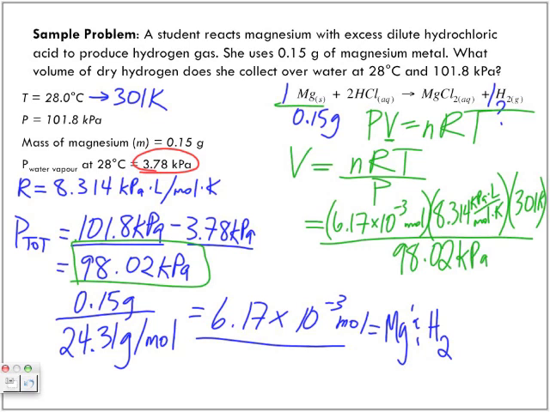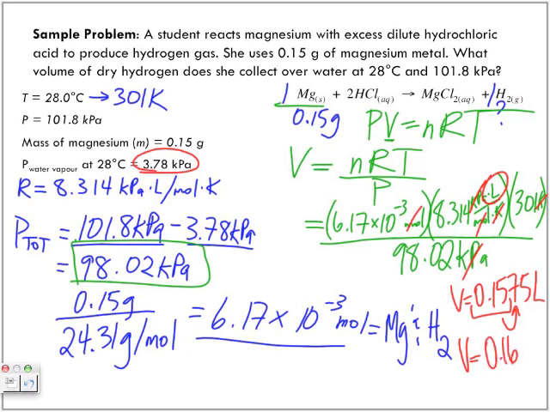Volume is going to be in liters: Kelvin cancels Kelvin, moles cancel moles, kilopascals cancel kilopascals, and the last unit standing is volume. When we do the calculation, we get a volume equal to 0.1575 liters. According to the question, the least number of significant digits is 2, so we look at the 7, and the volume of the dry hydrogen collected is 0.16 liters.